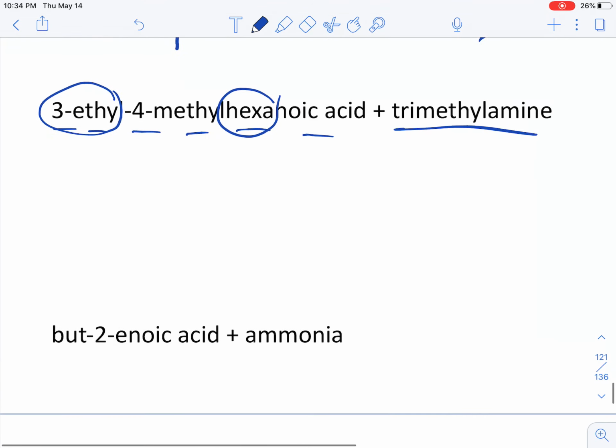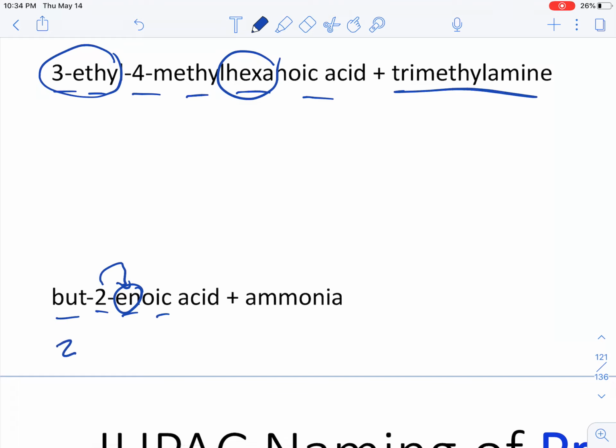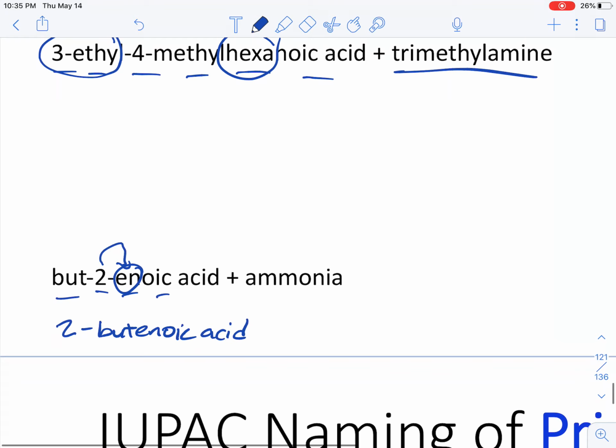So looking at this next example, we have but-2-enoic acid. And so this just means that on carbon 2 there's going to be a double bond. Another way to name this is 2-butenoic acid.